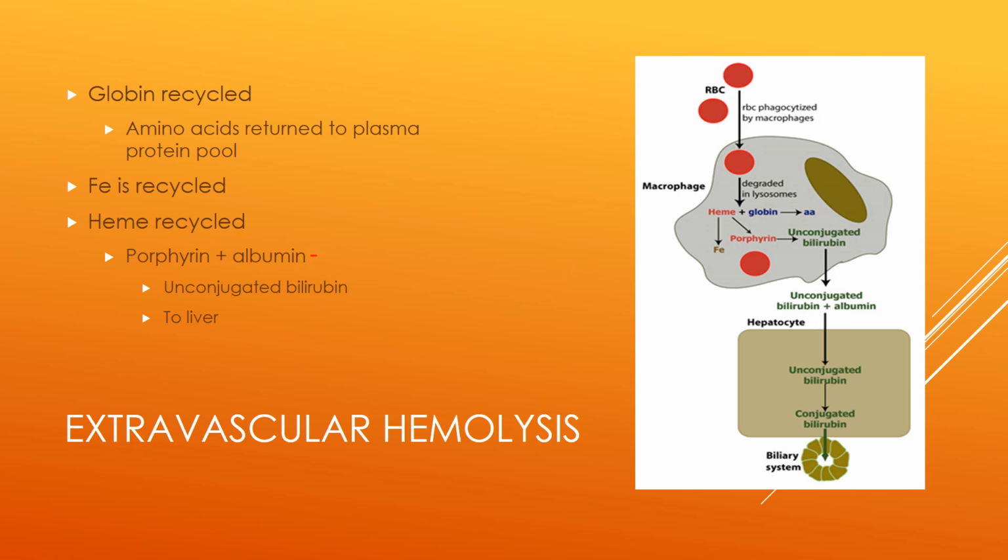In a patient who doesn't have a healthy liver, you might see some backup of the bilirubin, or even, if they're not producing albumin, hemoglobin and porphyrins building up. Depends on how healthy the liver is. That can back up into the plasma and even be dumped out into the urine. It's all possible.